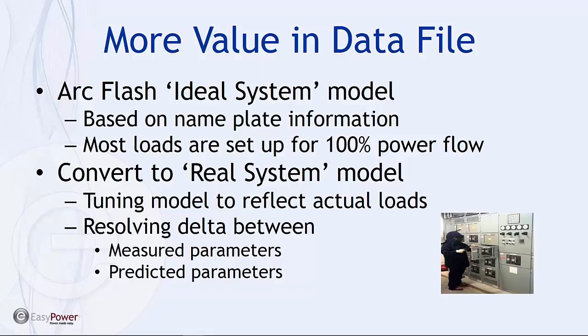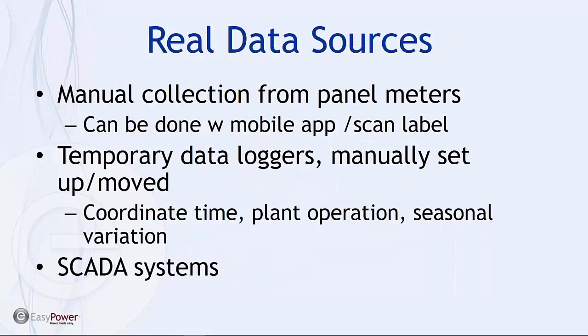So converting the data file that's utilized for arc flash analysis into one that can be utilized for power flow really falls into the realm of tuning the model to reflect actual loads. And then the process of extracting data or understanding more about my load flow results is a matter of resolving the delta between measured parameters and predicted parameters going forward.